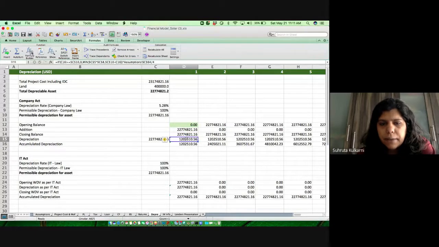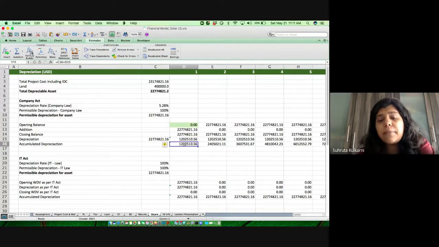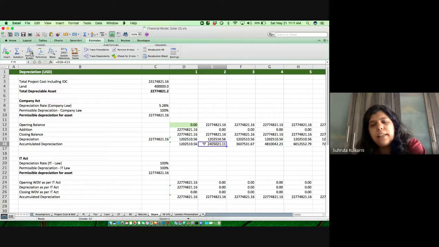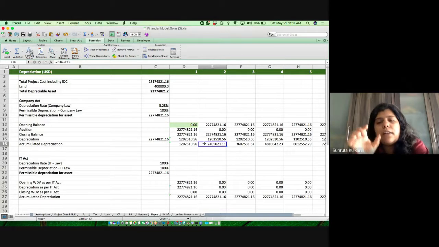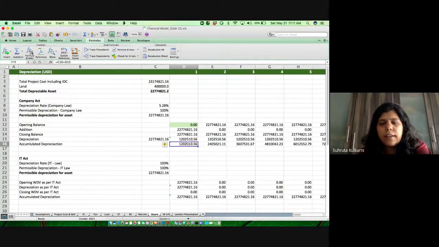This is nothing but the closing balance into this percentage, or it could also be the average of opening and closing into this percentage. That is my depreciation, the accumulated depreciation. Now this accumulated depreciation goes to your balance sheet, so the asset value on your balance sheet keeps decreasing year on year. That is why there is a gross asset and a net asset. People who have studied accounting would understand this.